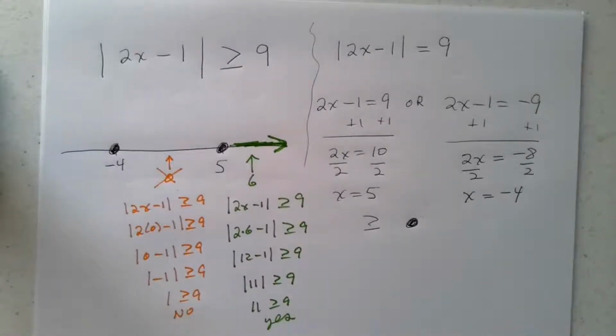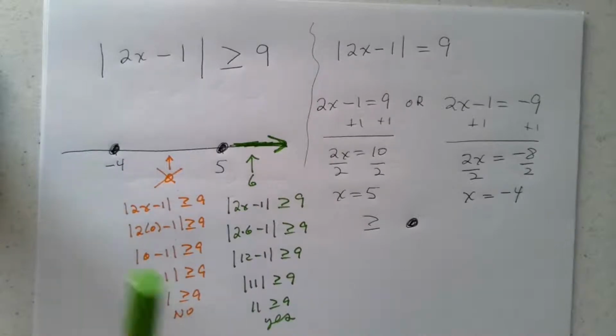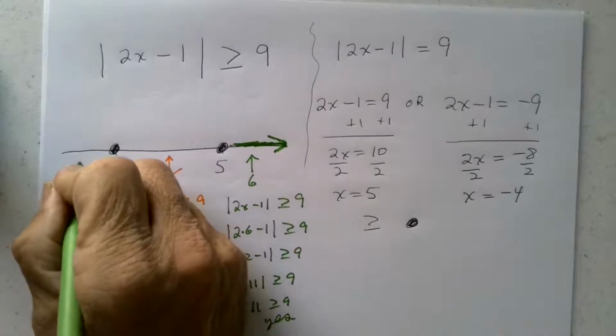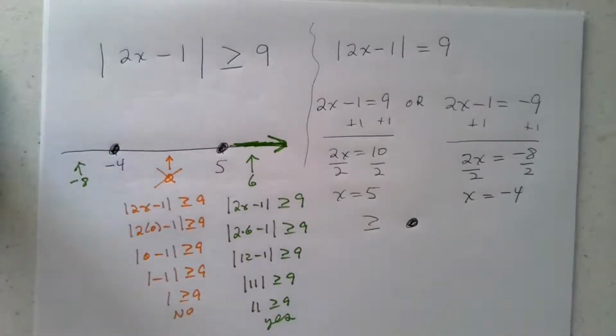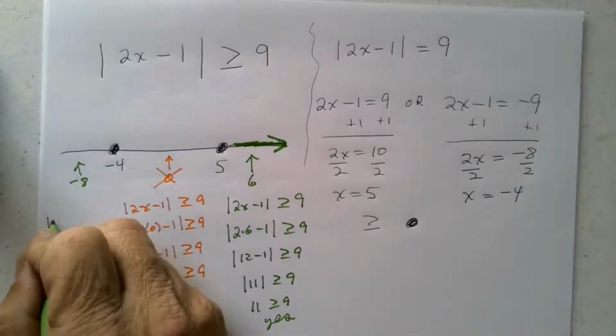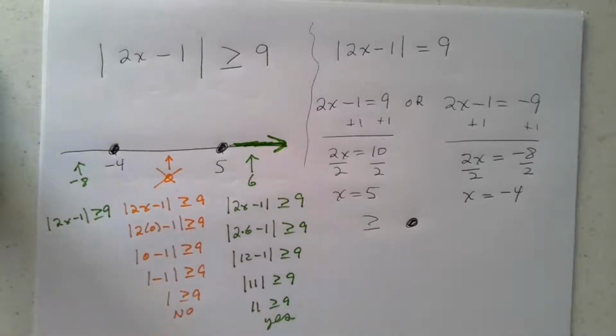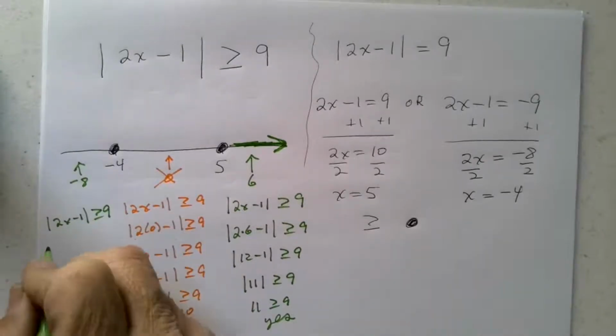And then beyond negative 4, negative 5, negative 6, negative 7, negative 8, negative 9, negative 10, anything you want to use. I think I'll choose negative 8. So again, we want to take a look at absolute 2x minus 1. Is that greater or equal to 9? So we'll plug negative 8 in there.